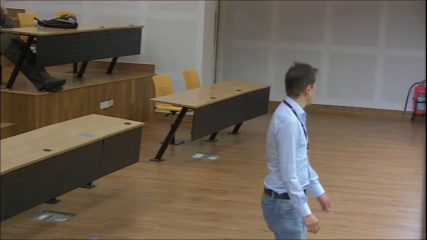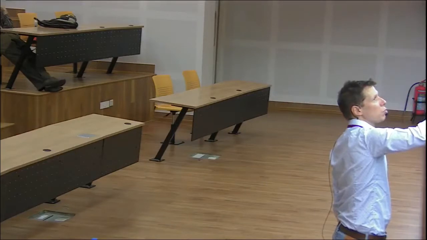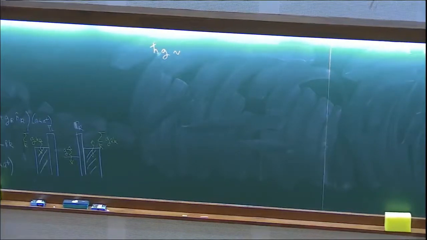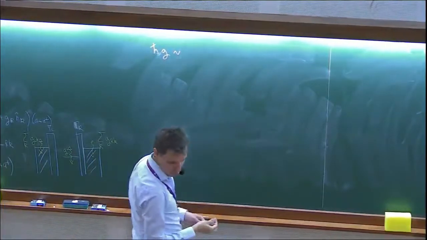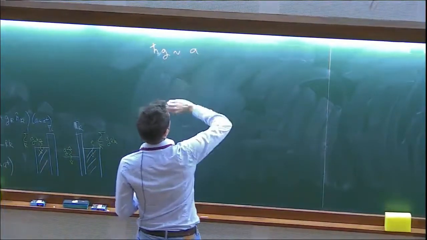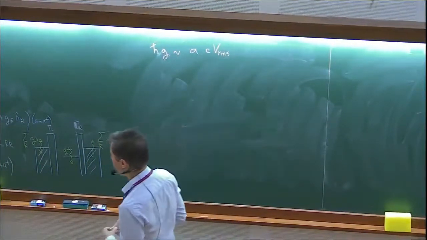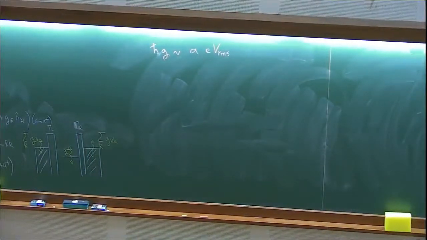So I start again with the G here, and I put the h bar: h bar G. Now you see there is the expectation value of the wave function on the electric part of the electromagnetic field, which means that this is going to be a capacitive ratio, so I will write it like this: it's alpha times V RMS, which is what is hidden in this curly alpha here.